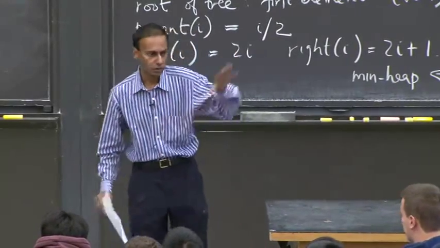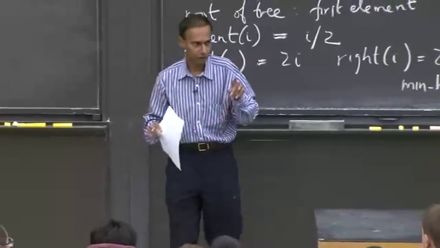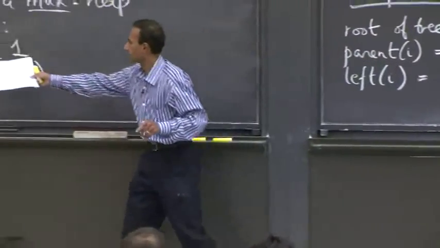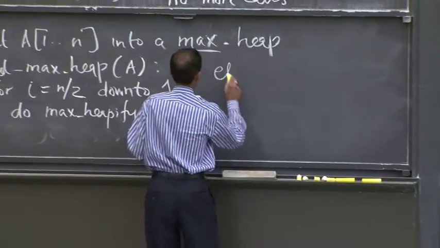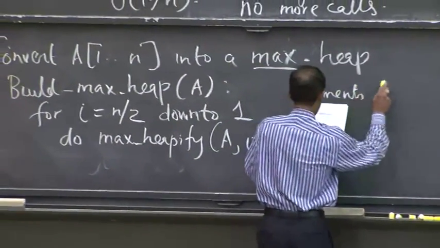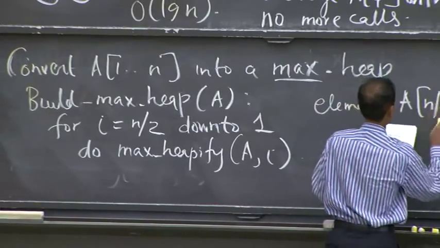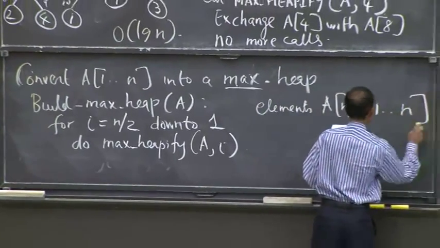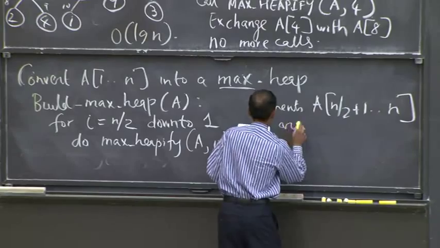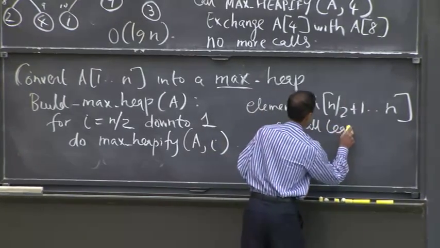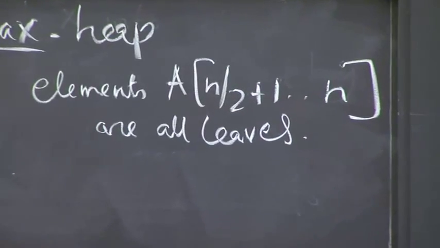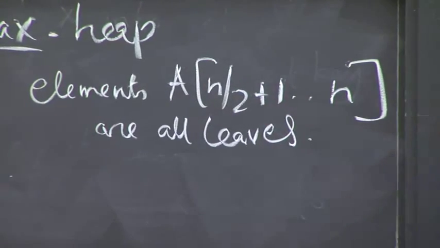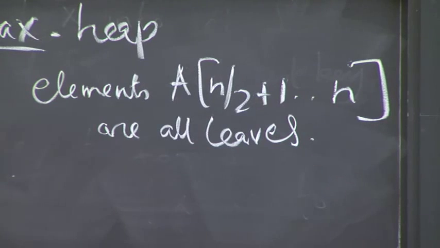Leaves are good. Leaves are good because if you look at elements A[n/2+1] through A[n], they are all leaves. That's a good observation. And this is true for any array. Doesn't matter what n is.